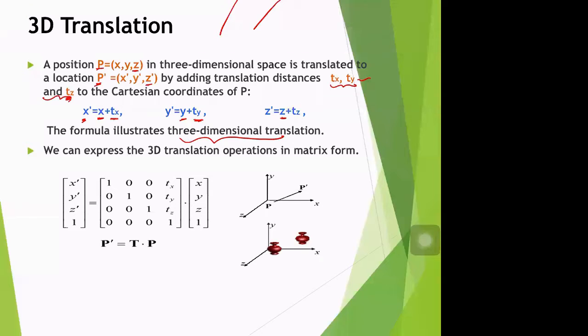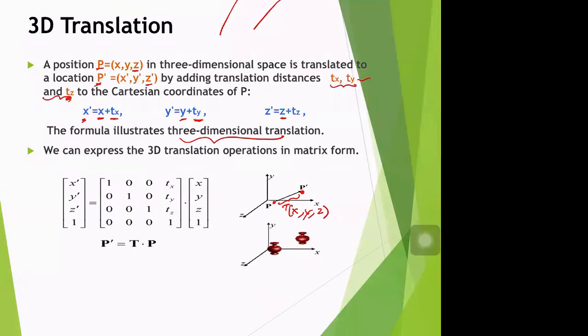Now see here, they have given a drawing. This is your point P, where you need to travel to your P dash. To go to this P dash from your point, how much you need to travel gives me the translation parameter, that is T. T includes how much you need to travel with respect to the x-axis, the y-axis, and the z-axis.